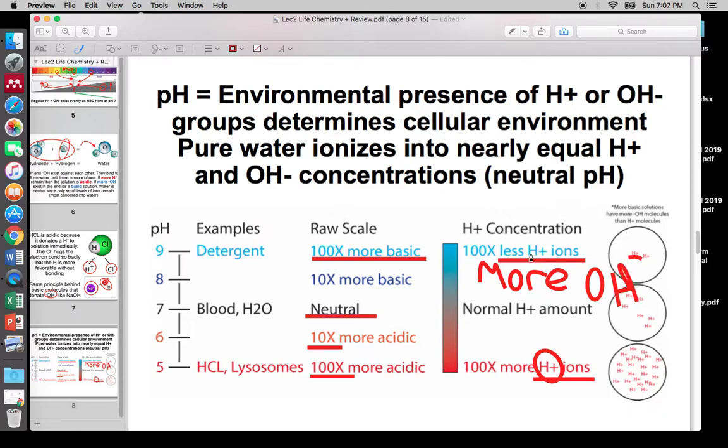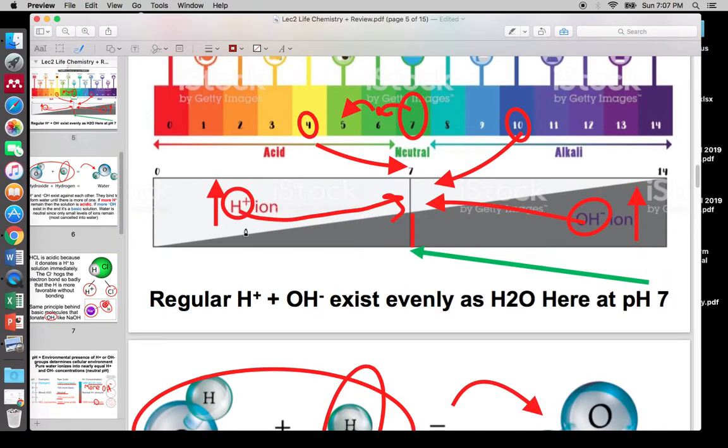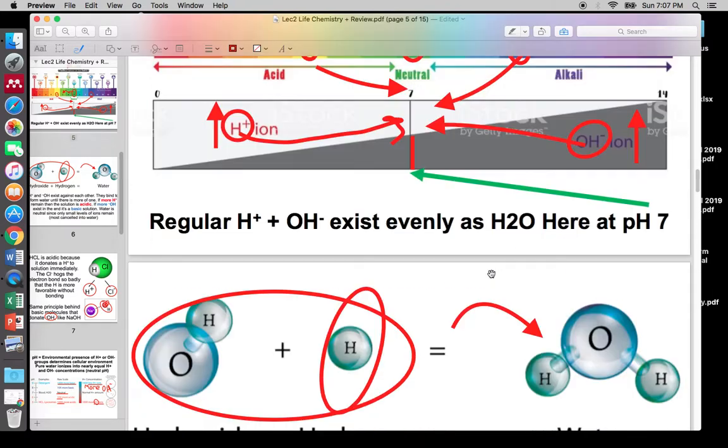So pretty much there's always going to be a relationship between how many hydrogen ions there are and OHs. So if we go back up here, remember, the more hydrogen ions you have, the less OH ions you have, and the opposite is always true as well.